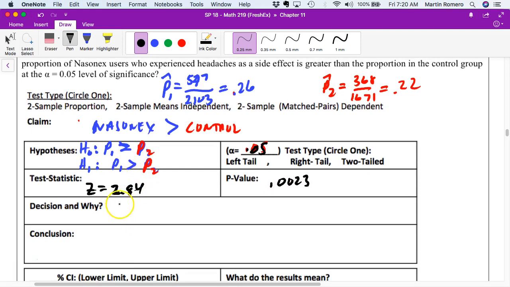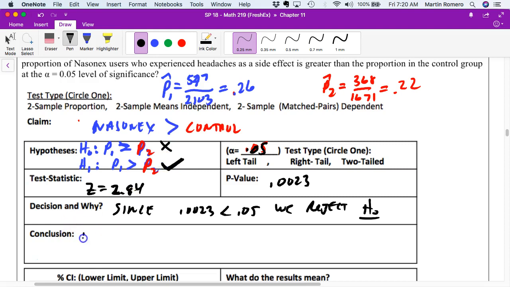You should be getting good at this, so I'm going fast now. Since 0.023 is smaller than 0.05, we reject H0. We're saying this is not true, and we have evidence to support the alternative.